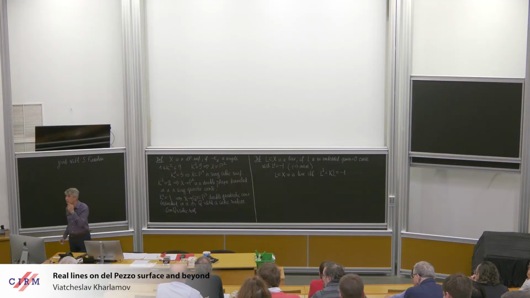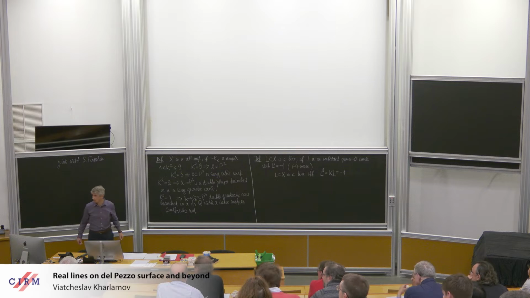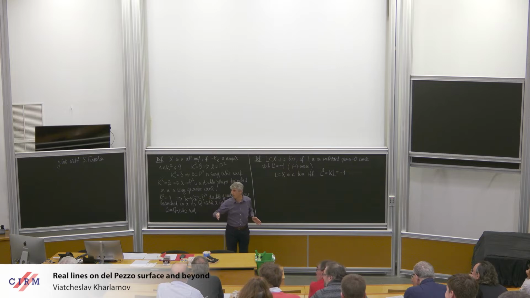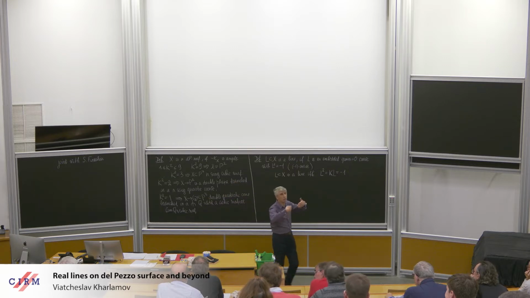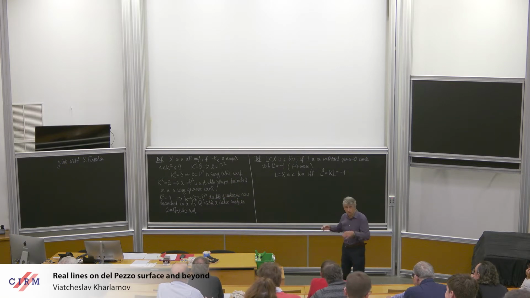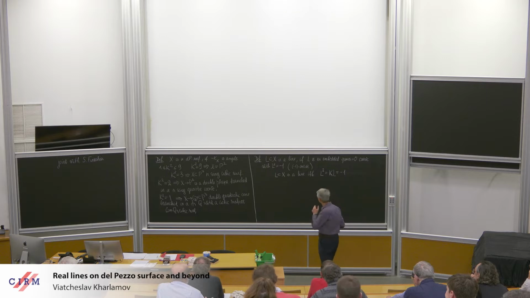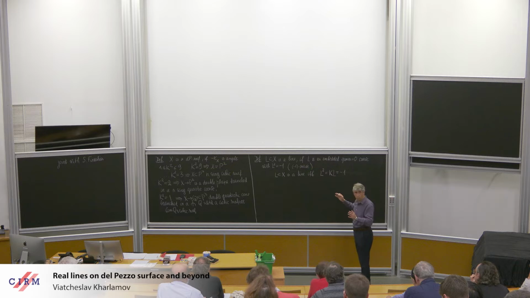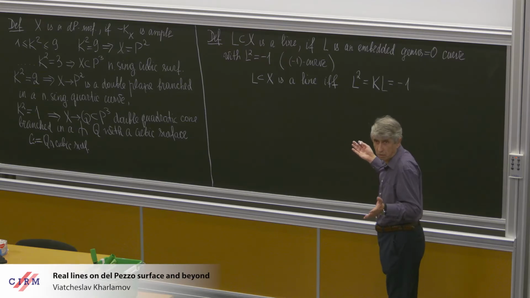No, for del Pezzo it's not necessary. In general it's wrong; in general you should add the assumption of irreducibility, but in the case of a del Pezzo surface, it's not necessary. This is a big advantage, so it reduces the problem to arithmetics.